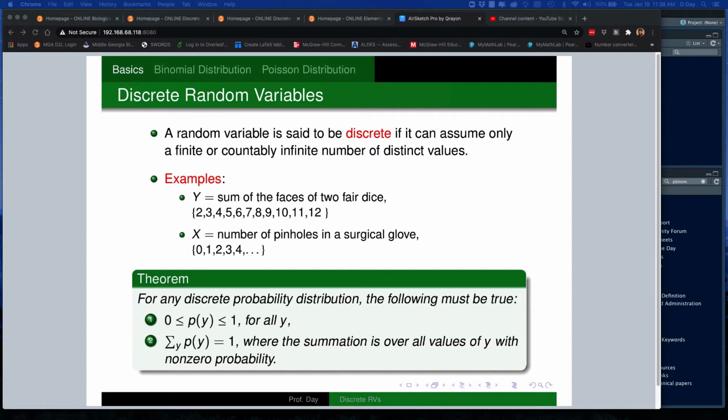The first theorem we have here pertains predominantly to probability. For any discrete probability distribution, or really any probability distribution, it doesn't matter whether it's discrete or not, the following has to be true. Any probability you calculate, that's what we're calling P of Y here in the center, has to fall between 0 and 1, but it can include 0 and 1, because you can have a 0 probability.